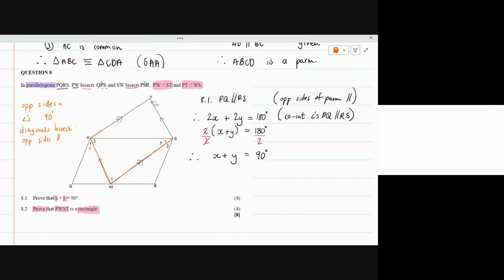So we need to somehow prove that all of these properties are true. Abu is suggesting that we use congruent triangles because we've got 2 triangles, and I'm inclined to agree.